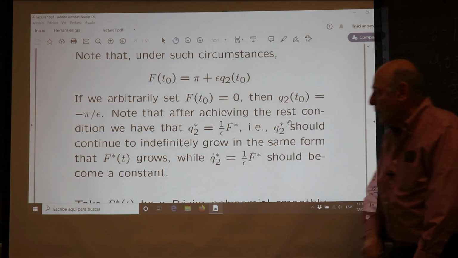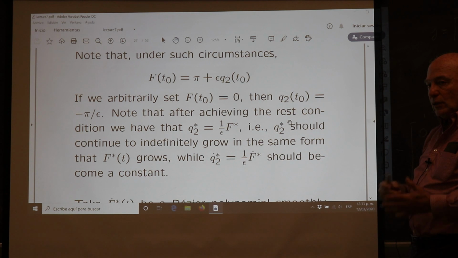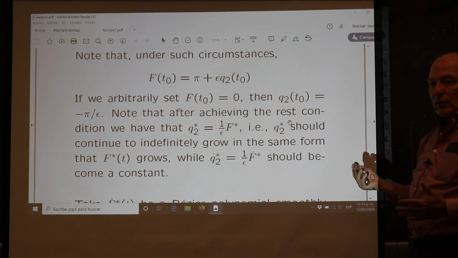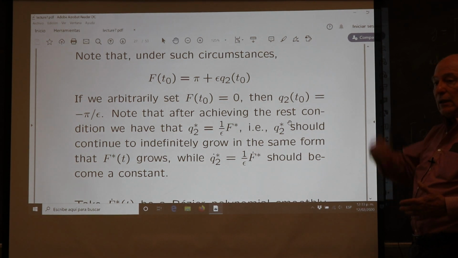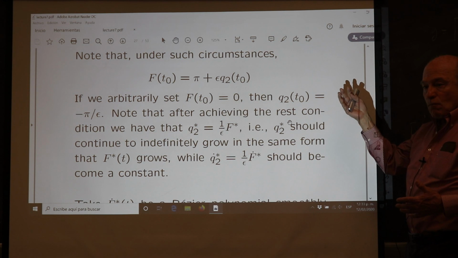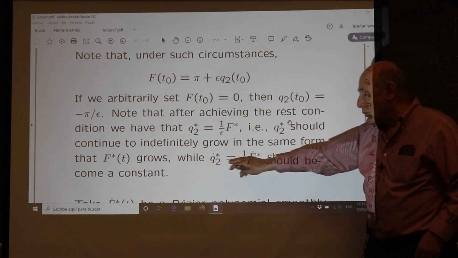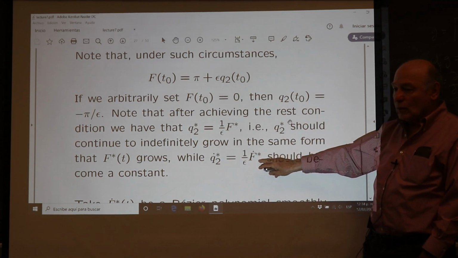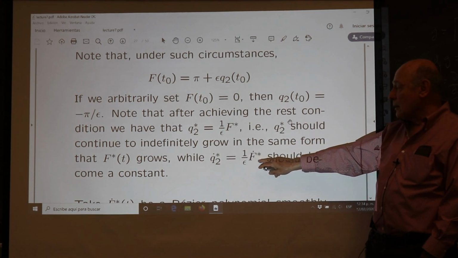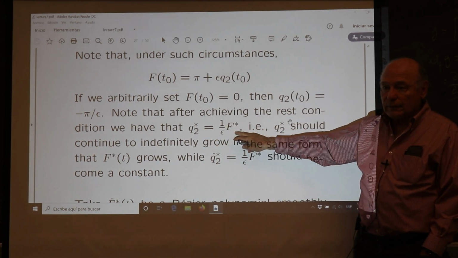This F has to grow linearly, because this is what tells you that this will give you 0 acceleration at the beginning and 0 acceleration at the end. And hopefully the velocity will start at 0 and will end up at 0. That's the implication. So by using the flat output, you start seeing that the velocity of Q2 is related to the velocity of F, and the position F2 is related to F.